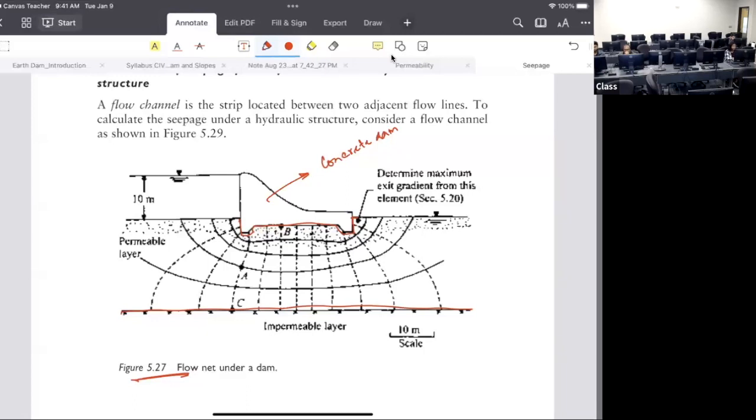So let's say your starting point. You have to do it in many trials, not one trial. This is the finished one, but when you start doing it, you never get to the finished one right away. Basically what happens here is your flow lines are parallel, right?